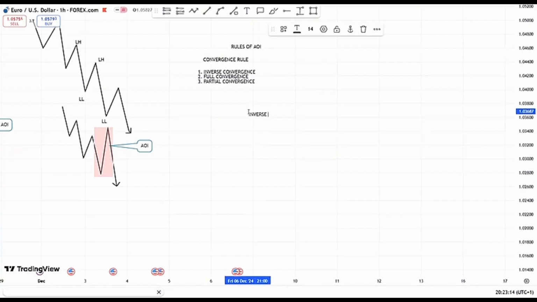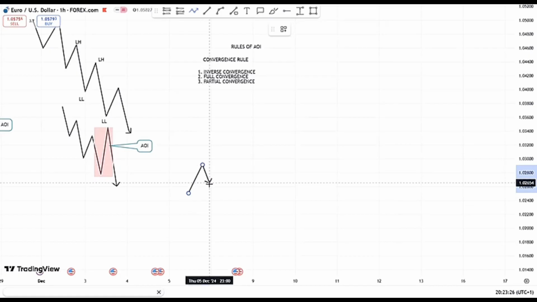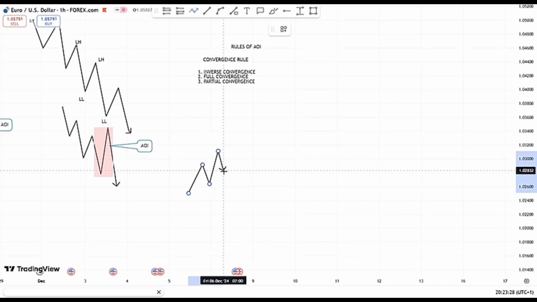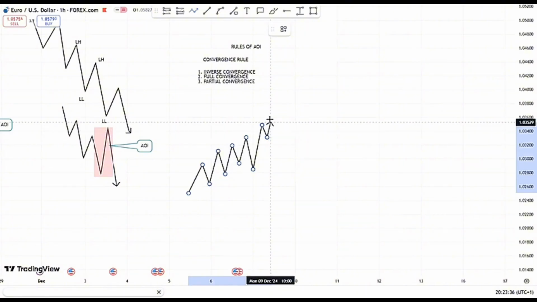Now, the inverse convergence rule is a situation whereby we have two AOIs. We have the smaller AOI and we have the bigger AOI. So this is a smaller AOI. Then let's say we now have something like this.